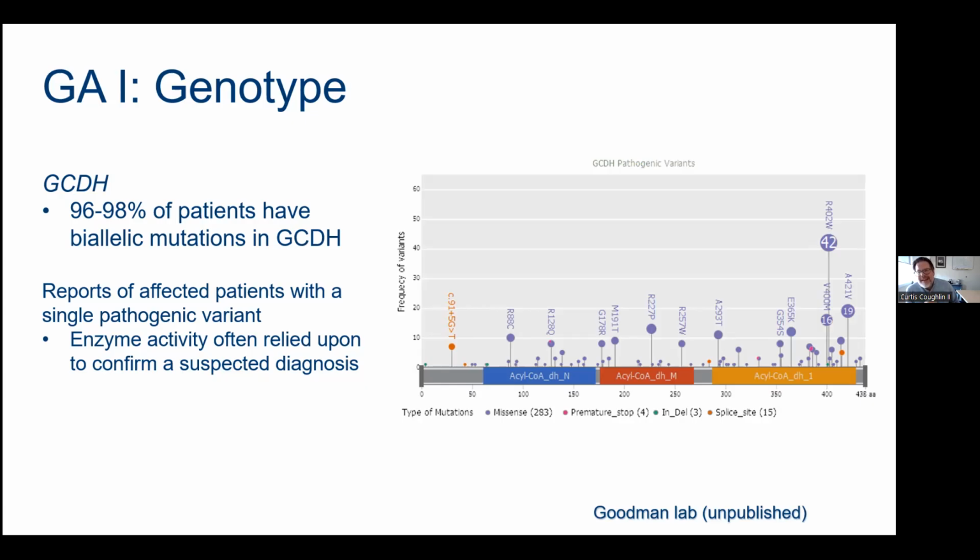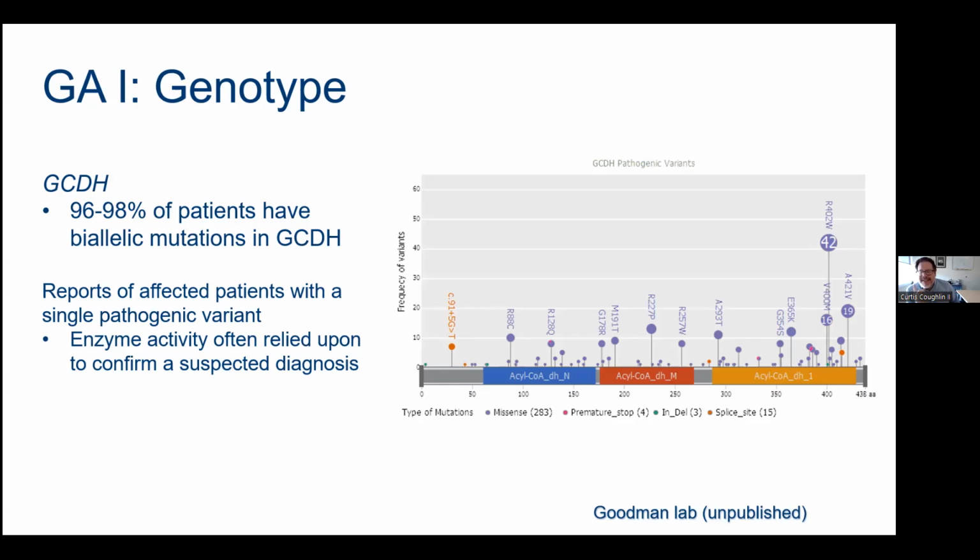So at least in the data in the Goodman lab, it's about 98% of patients we were able to see have 2 pathogenic variants, and this is pretty similar to other labs. There's a great paper from the group in Germany where about 99% of their patients have 2 mutations in GCDH.